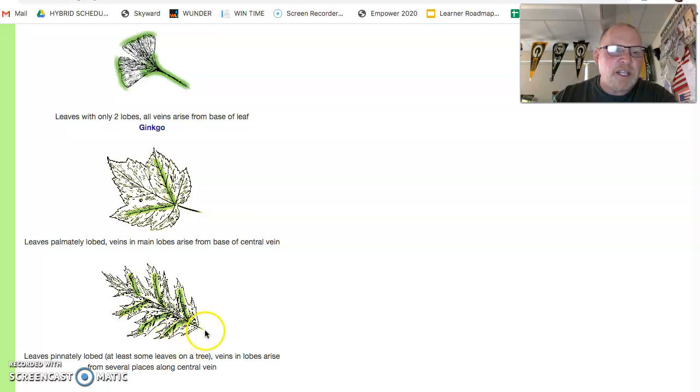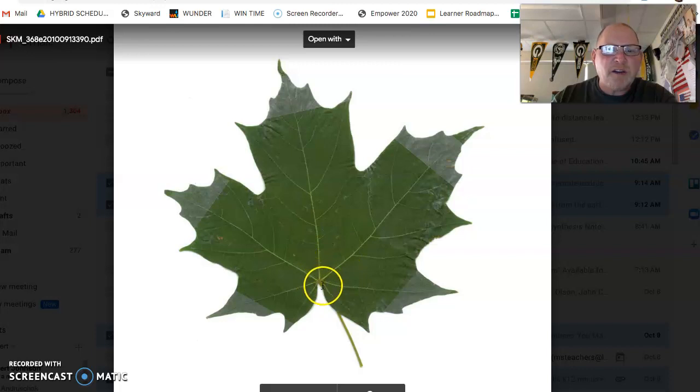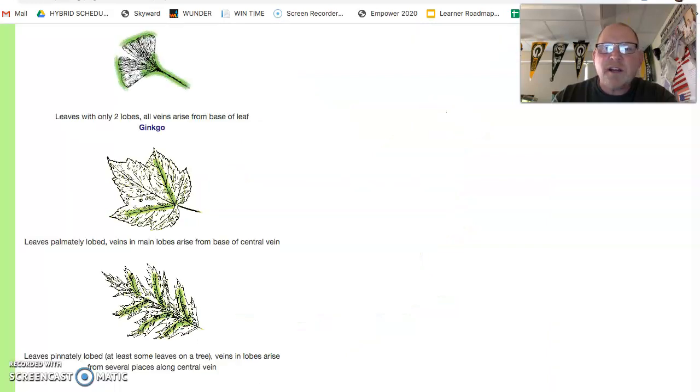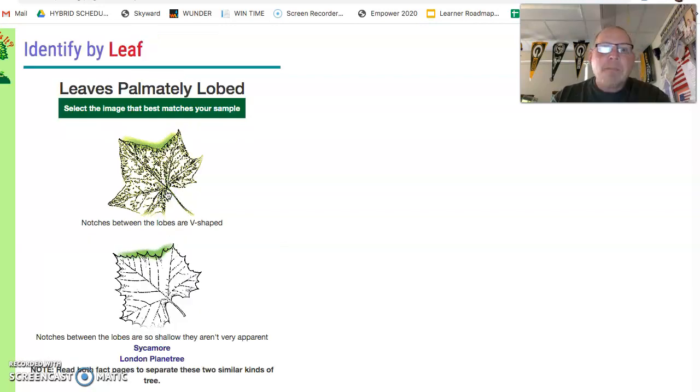Or do the leaves go pinnately, coming off the midrib, off this side, off that side? According to this, they originate right from here, go like that, and like that. So I would say our best bet would be that they are palmate. They're just like the palm of your hand. Okay, so they're palmately lobed.